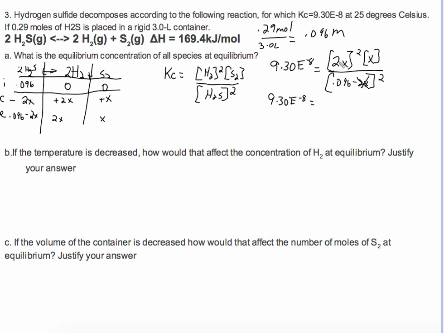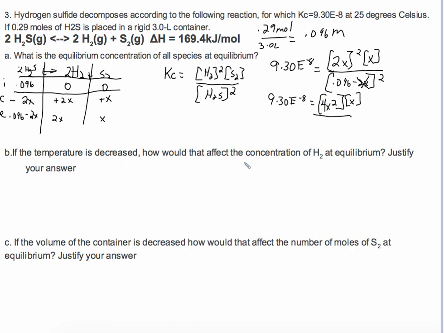So basically then we're going to simplify it: 9.30 e to the negative 8 is going to equal 2x squared, that's going to be 4x squared, and then we're going to multiply that still times another x, all over 0.096, and we would square that.